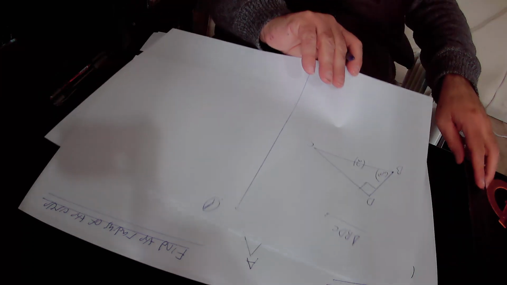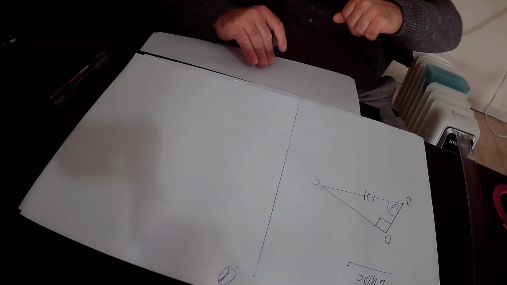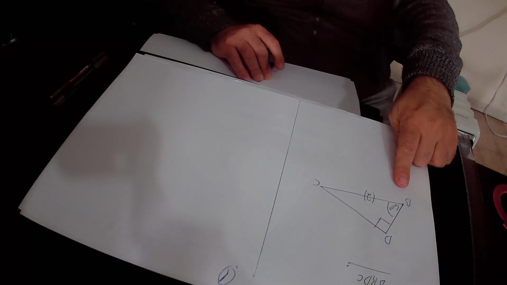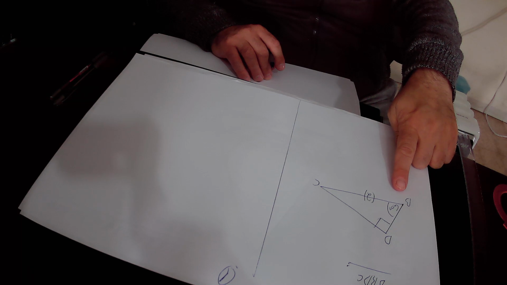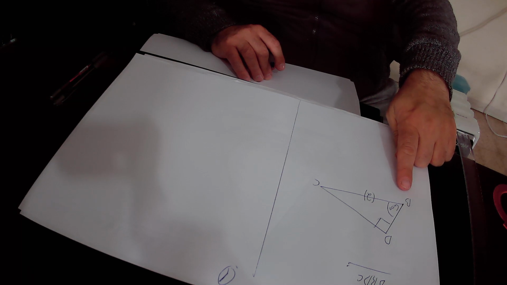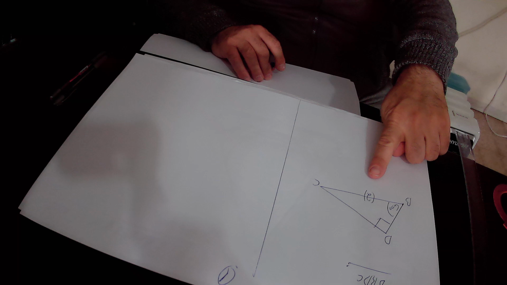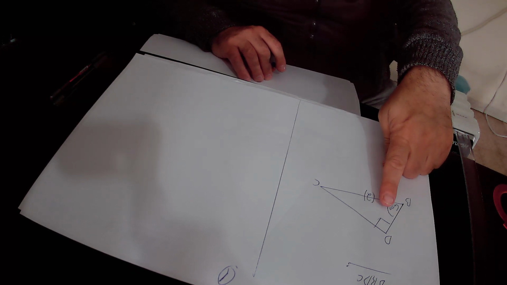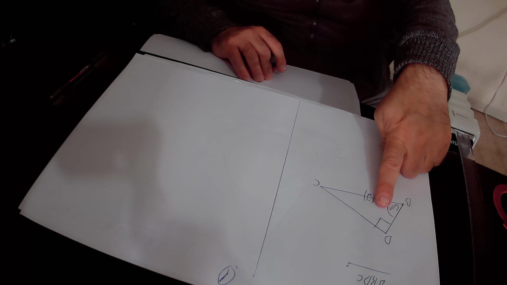So actually, this is the right triangle BDC that I copied from the original drawing. Angle CBD equals 60 degrees according to what is given in the question. BC equals 2 units, also as given. And this angle equals 90 degrees according to our construction.